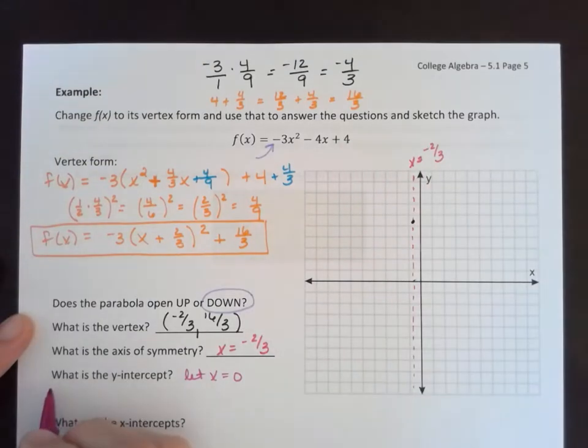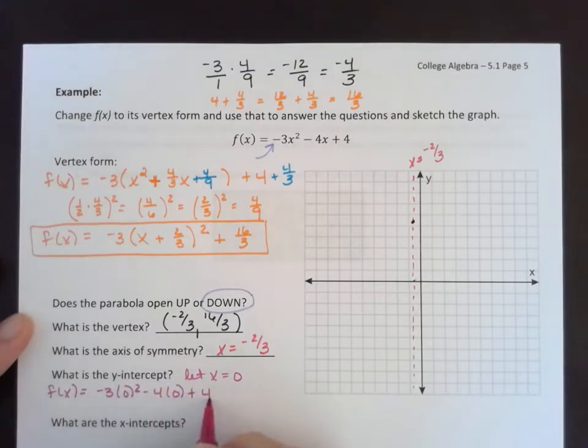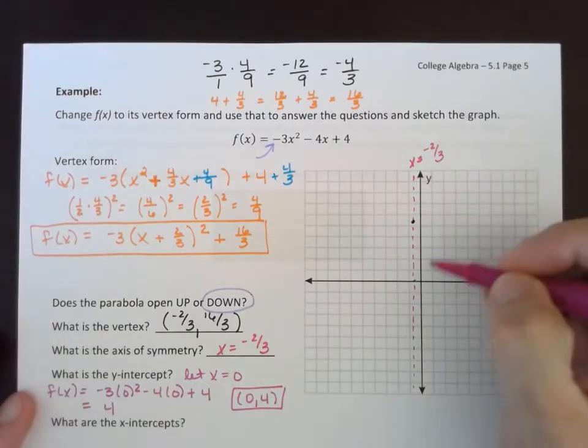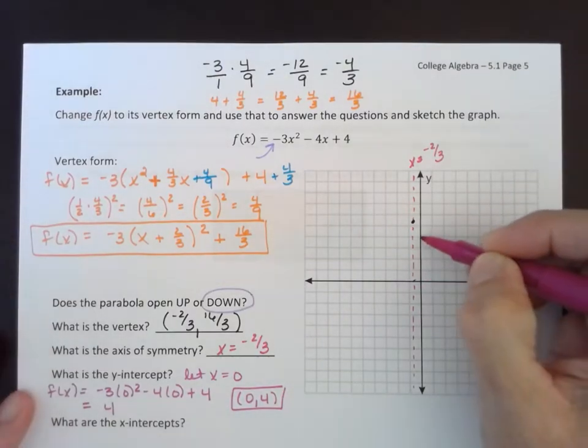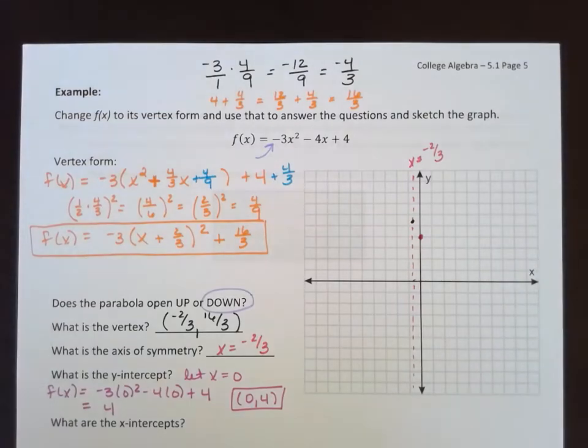I'll write that out. So we have f of x is equal to negative 3 times 0 squared minus 4 times 0 plus 4. That's 0 and that's 0. We just get 4. So our y-intercept is the point 0, 4. 1, 2, 3, 4. Now we need our x-intercepts.